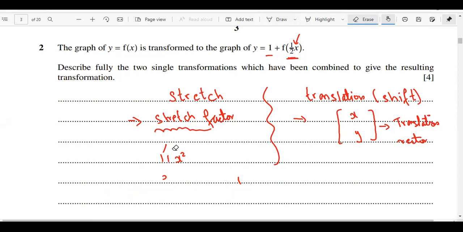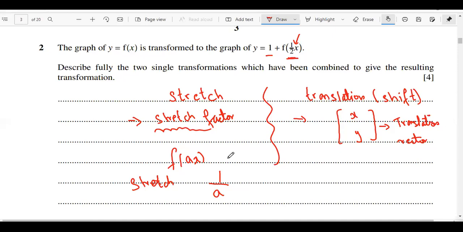So it would be a stretch by a factor of what? I told you, if you have something of the type f of ax, that would be a stretch and the stretch factor would be 1 by a. So yes, Munja, what do you think? What would be the stretch factor in our case?